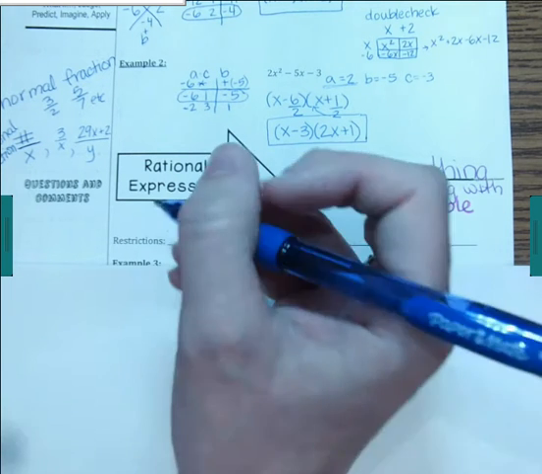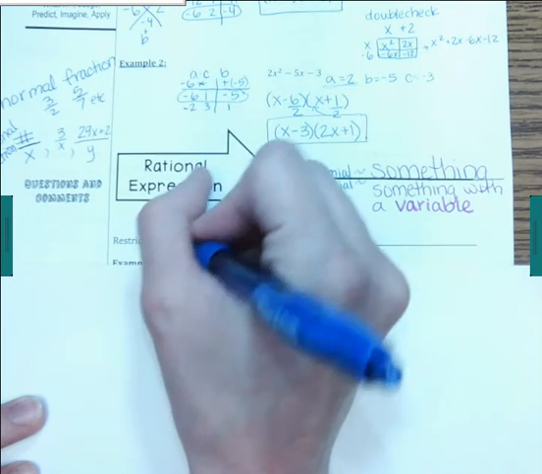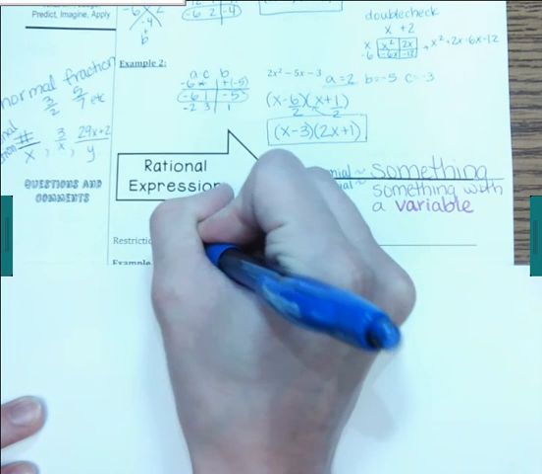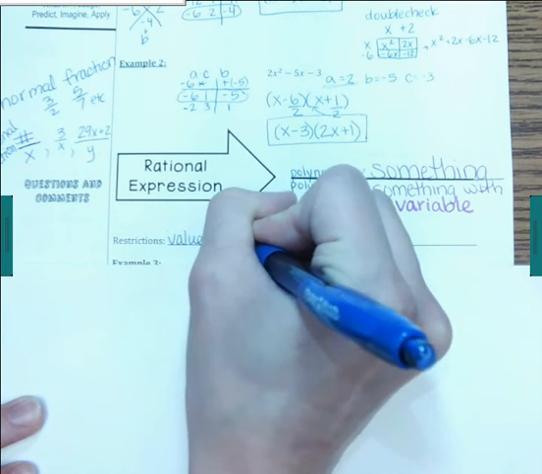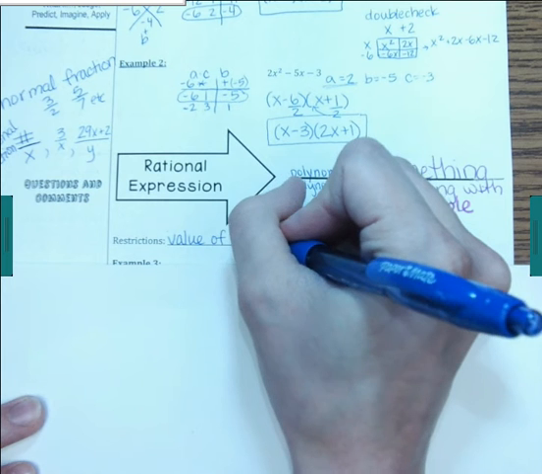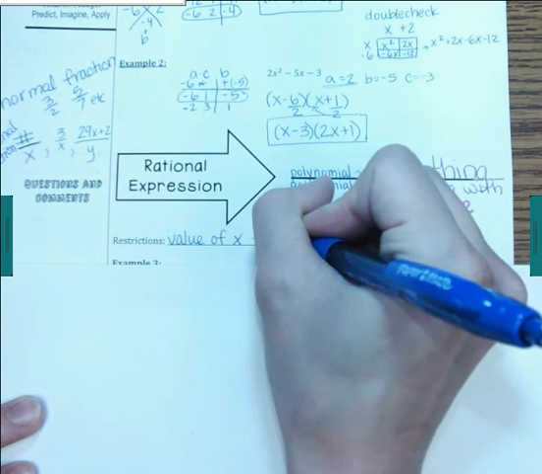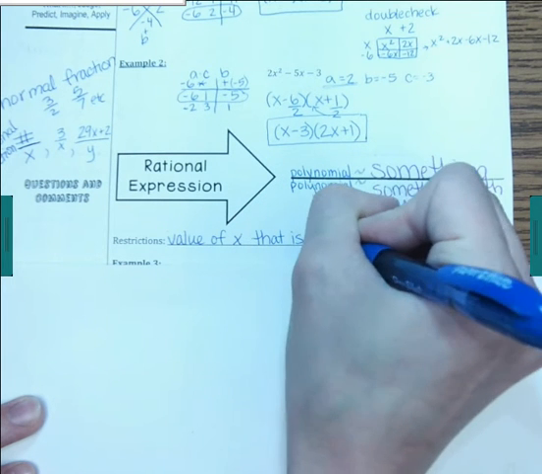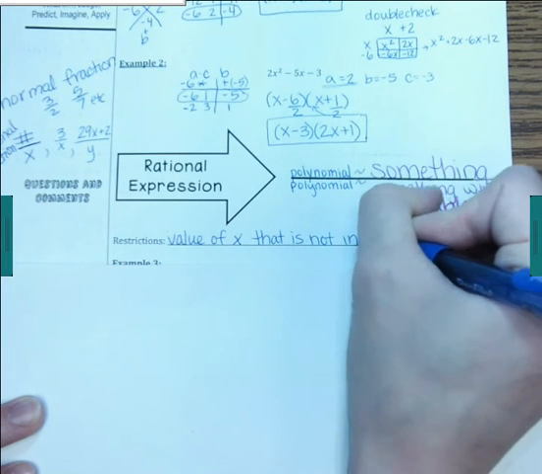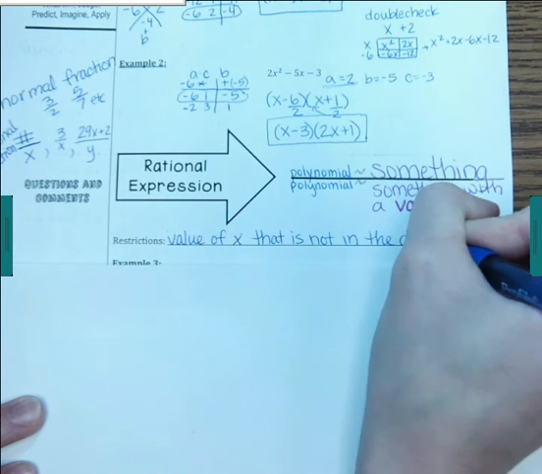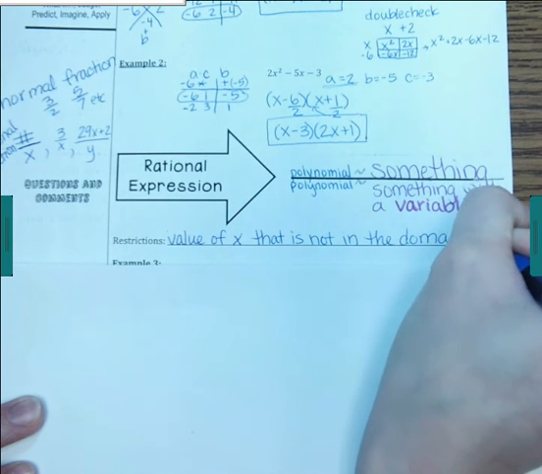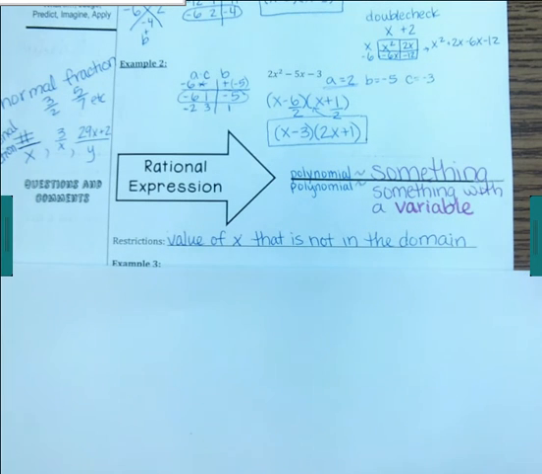So a restriction is the value of x that is not in the domain. Okay, it's an input value that doesn't work.